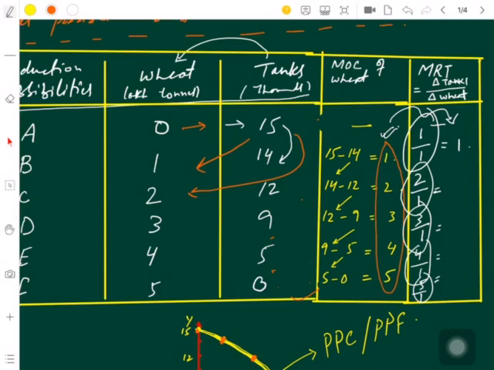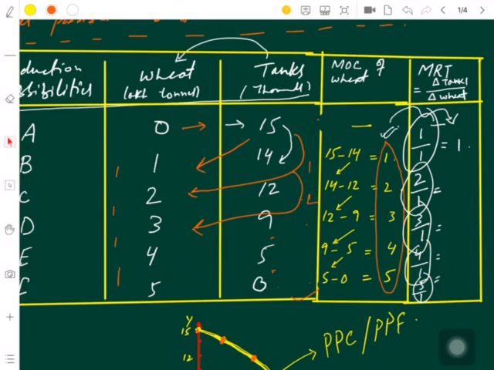The second batch was not equally good, so they produced less. We are producing only one additional increment here, while the loss is increasing from 1 to 2 to 3 to 4. So this is what you have to keep in mind. These are the reasons behind the marginal rate of transformation increasing.